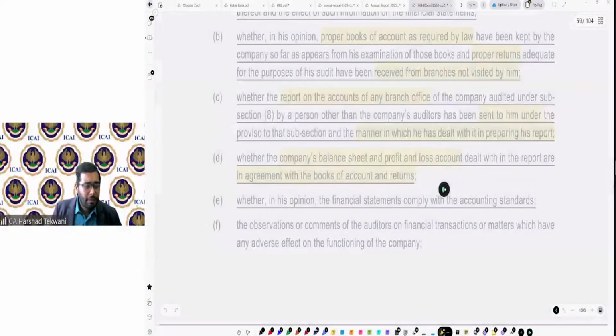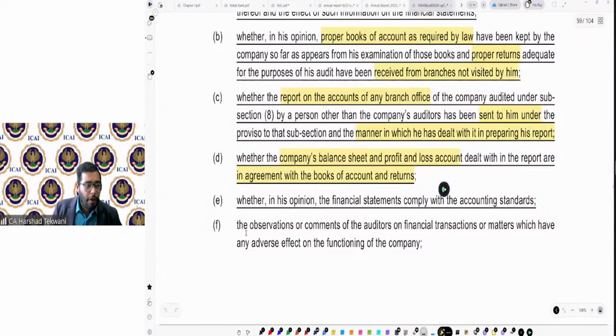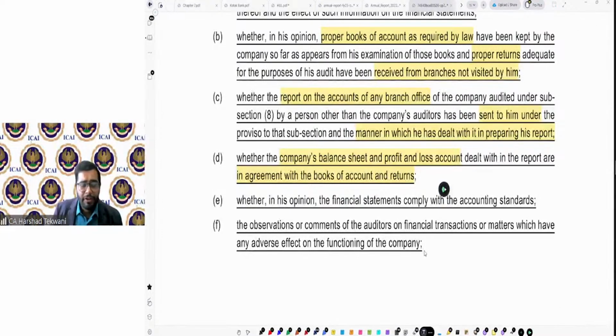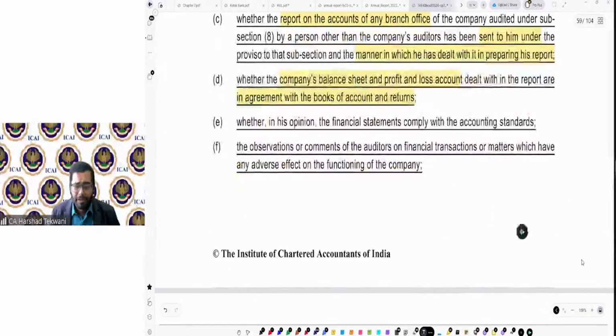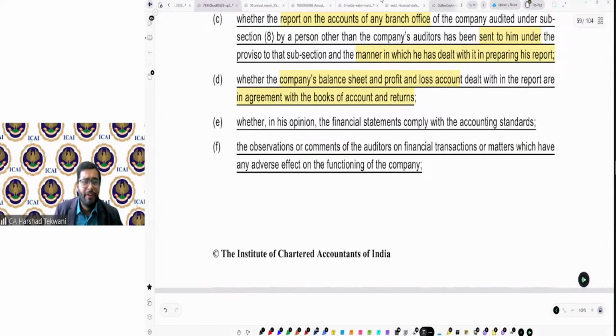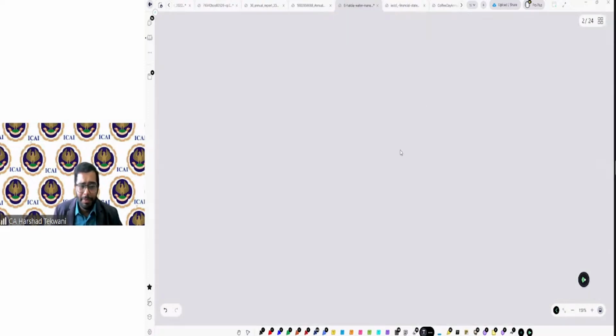Then the next part is the observations or comments of the auditors. If the auditor has any observation or comments on the financial transactions or matters which have an adverse effect on the functioning of the company, then the auditor is required to report here. Usually that is not the case, because if it is an adverse opinion, then it might come into the picture.